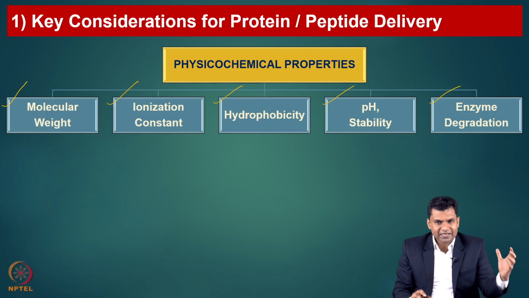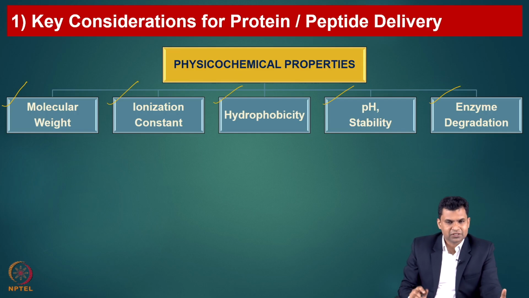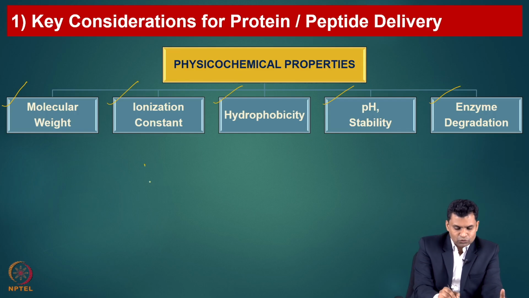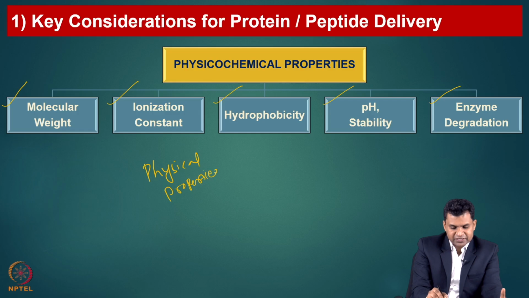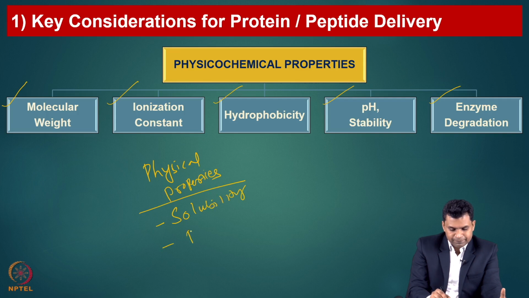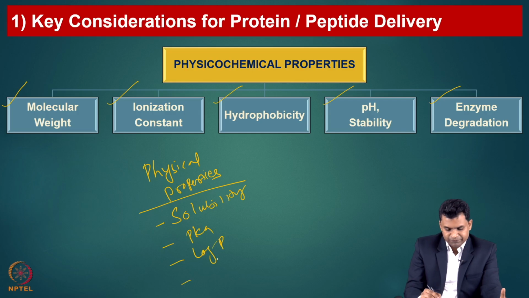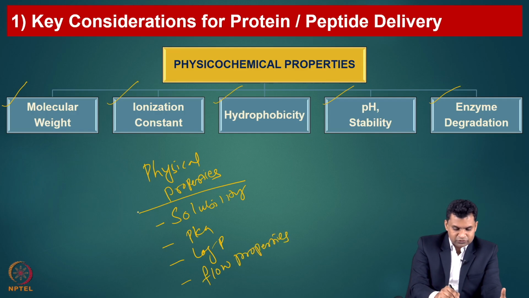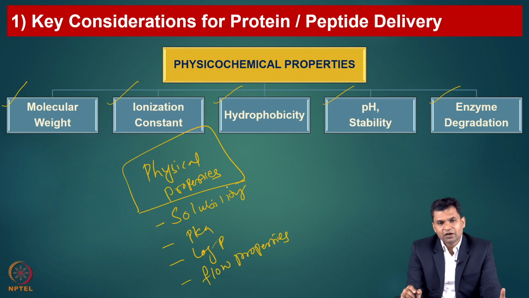Consider pharmaceutical formulations related to an API or drug. Yes, we study a lot of physicochemical properties. For example, for physical properties in pre-formulation studies, we try to understand the solubility of the molecule, and we see the pKa and the log P, and some of the flow properties. These are all related to the physical properties of drug molecules.